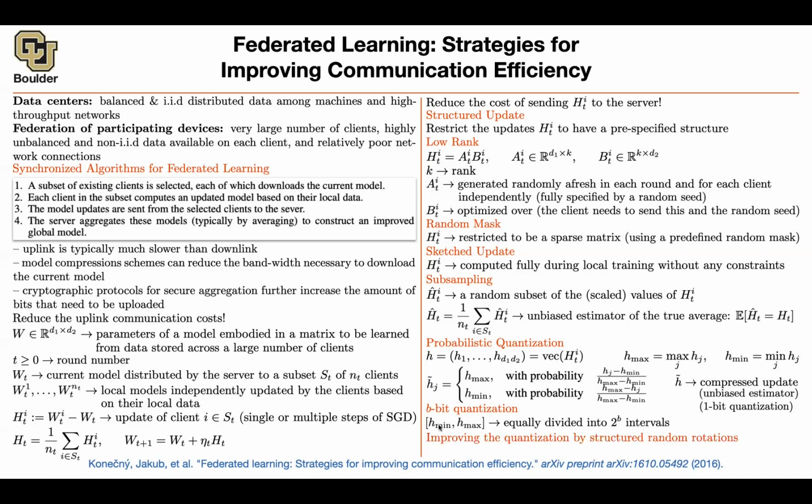This strategy, b-bit quantization, is going to work beautifully if the continuous Hj, which is going to fall within this interval, is uniformly distributed in this interval.